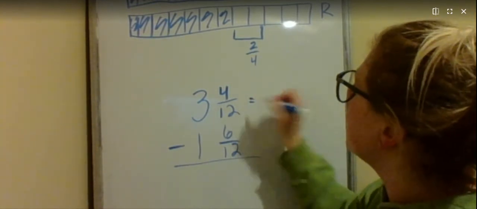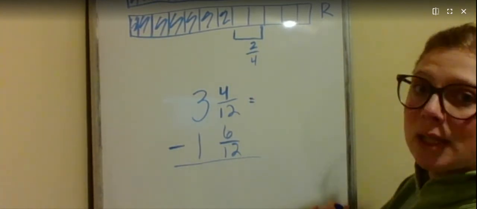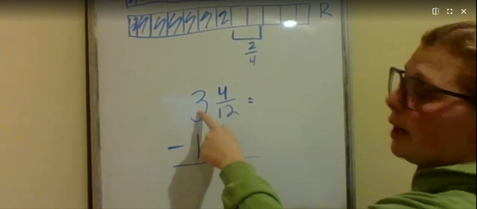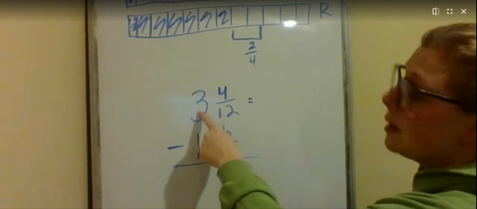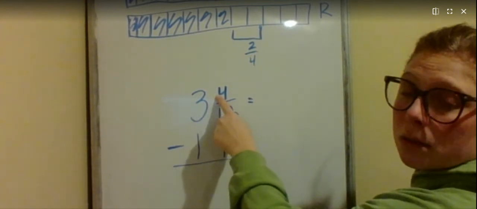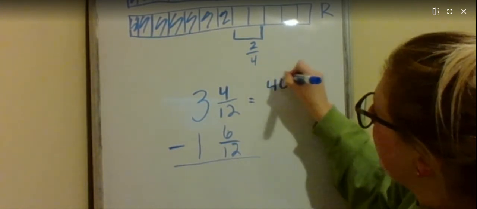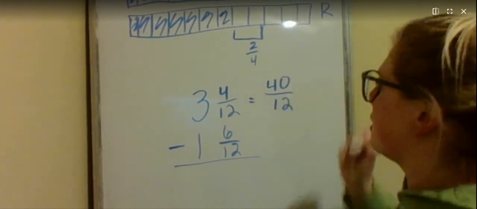So remember we said I do 12 times 3, which is 36, and add 4, 37, 38, 39, 40. So I'm changing it to an improper fraction, 40/12.